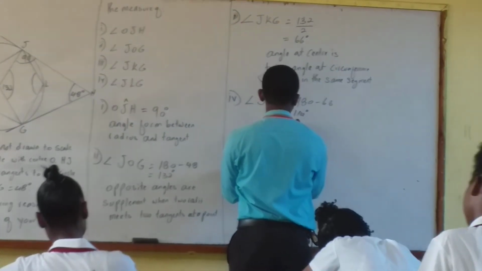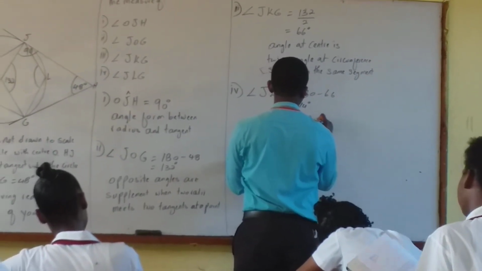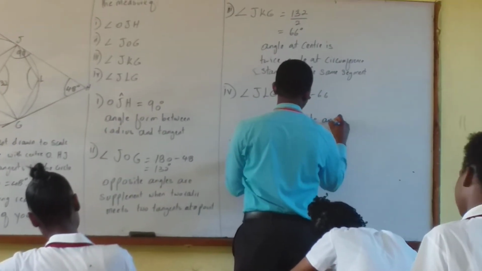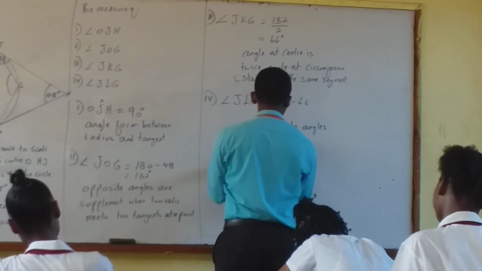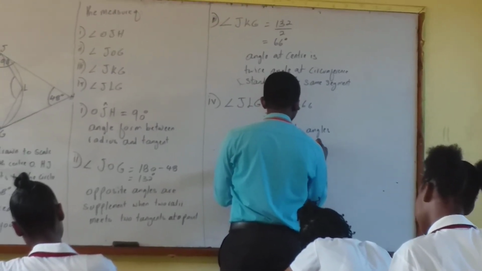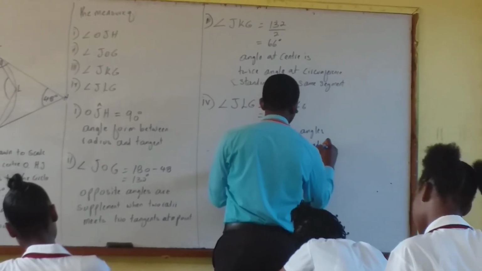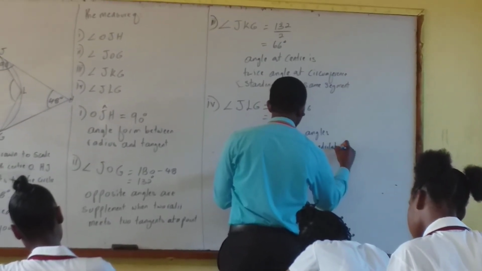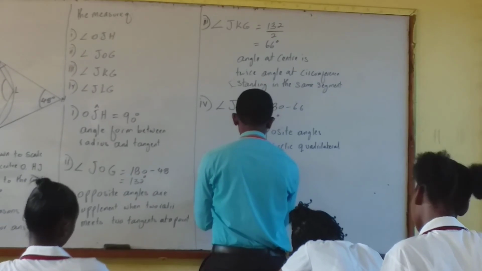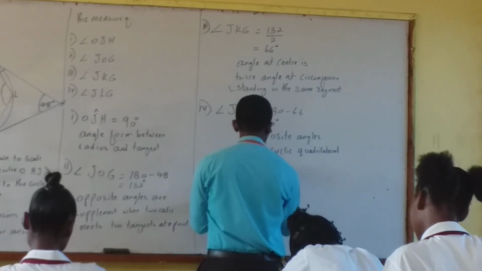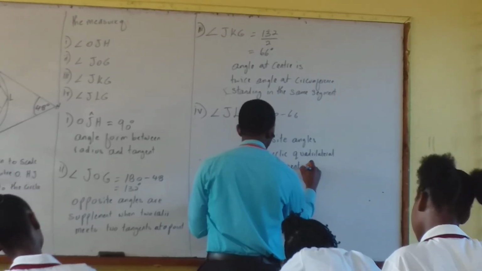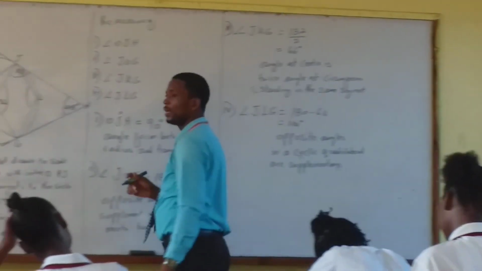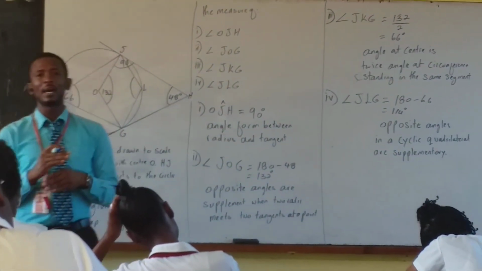And we say opposite angles in a cyclic quadrilateral are supplementary. Alright, so we have been at the end of that question.